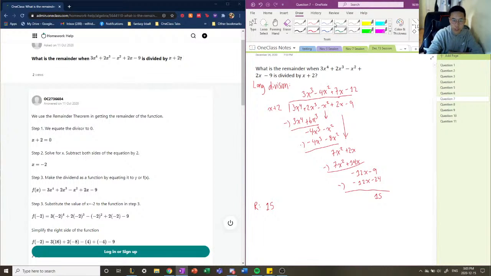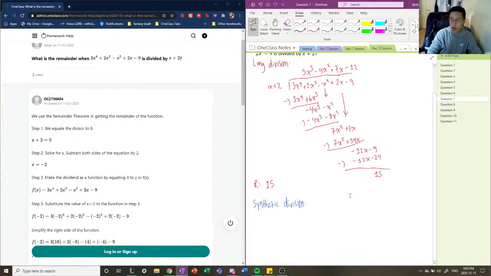We're also going to use synthetic division to solve this too. All right, so synthetic division. Okay, so in the same way that we took a bracket, we're going to also make a bracket, but this time we're going to take an inverted division bracket. So we're going to flip it upside down and make it pretty large. This time we're not going to write down our polynomial. We're going to take the coefficients of our polynomial.